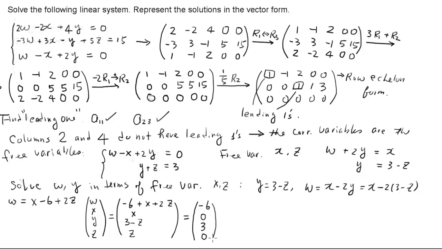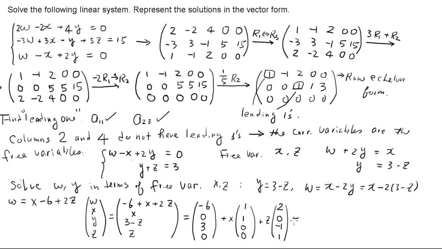Then look at the coefficients in front of x: 1 and 1, and here we don't have any x, so it's 0, and the last one is 0 again. And then we look at z: we have 2, 0, -1, and 1.